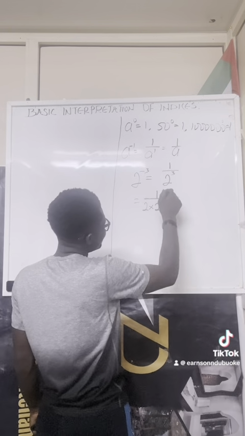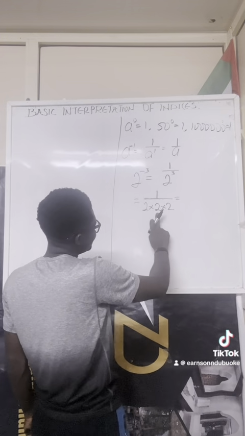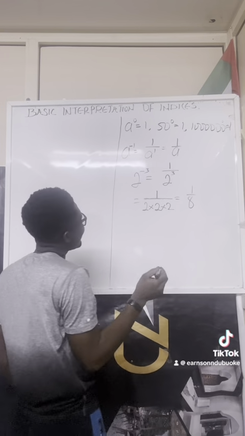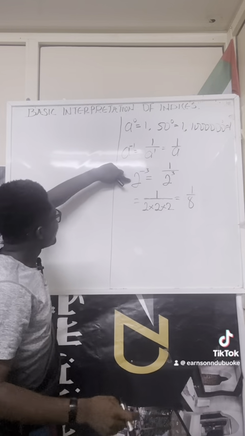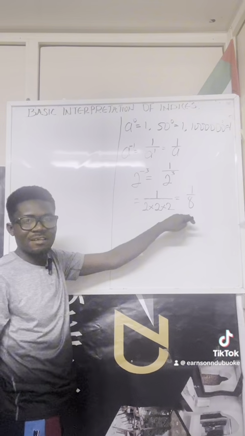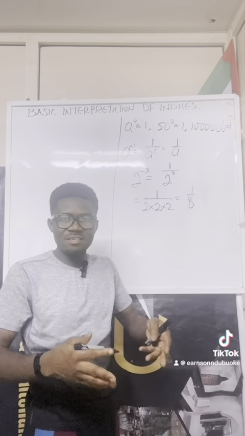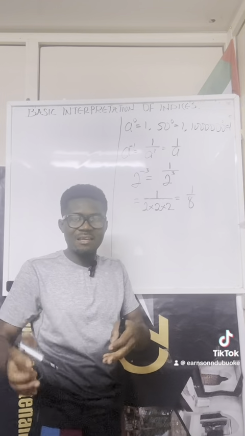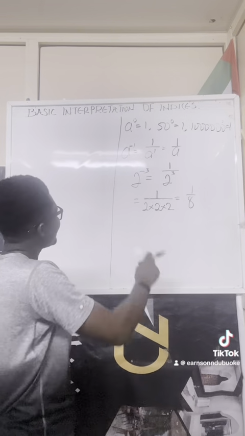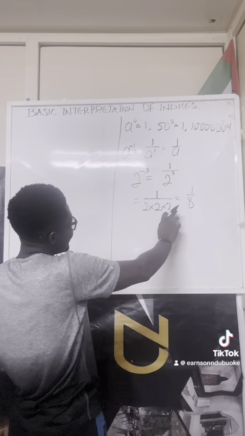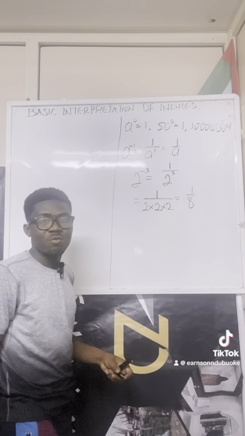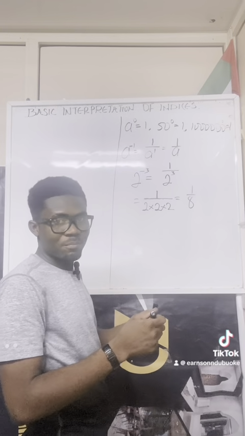So here is 1 all over 2 times 2 is 4, and 4 times 2 is 8, which is 1 over 8. I have converted this number with a negative power to 1 all over 8. That's some of the things you will see in differentiation and integration when the time comes. So here, 2 raised to the power of negative 3 is equal to 1 over 8. That is a number with negative power.